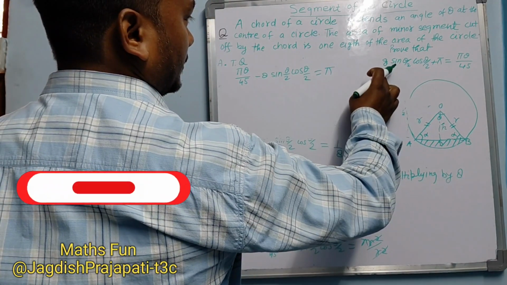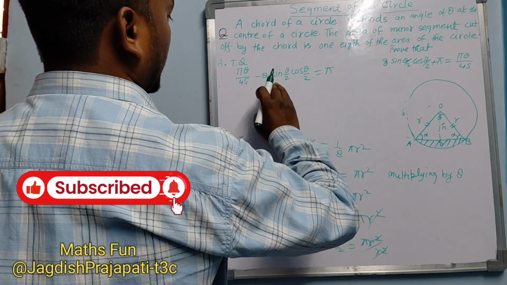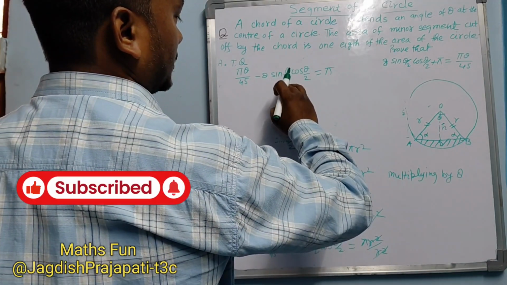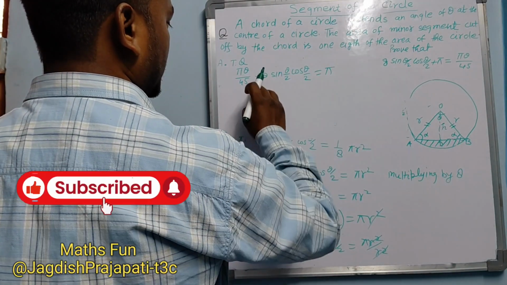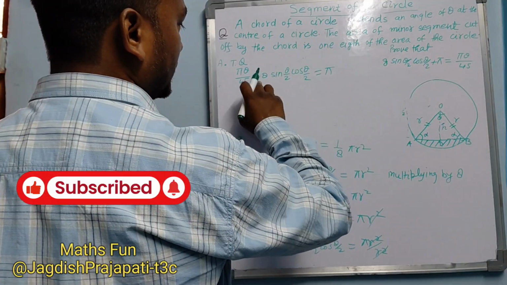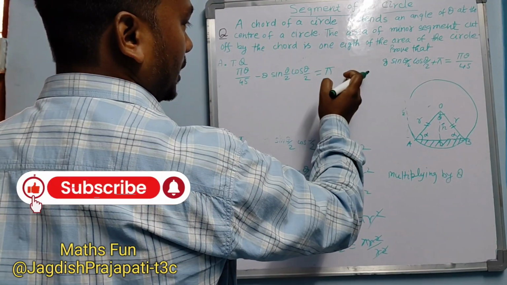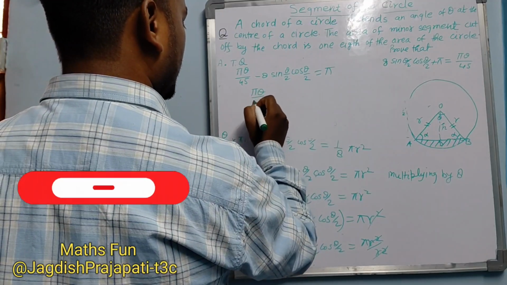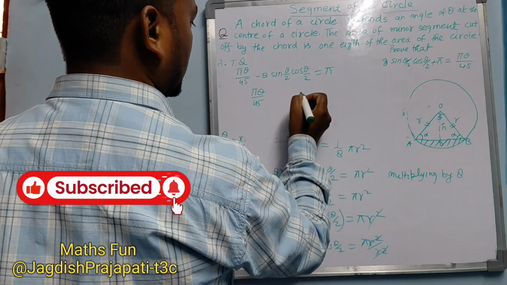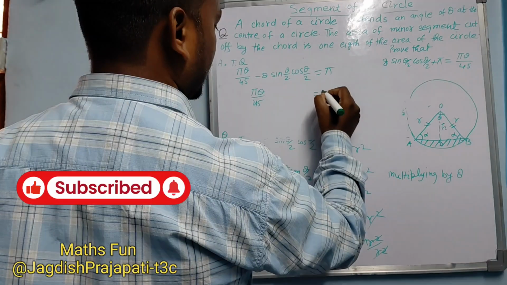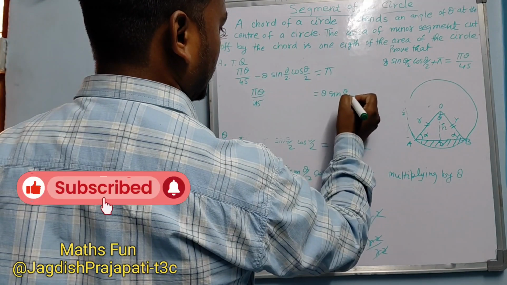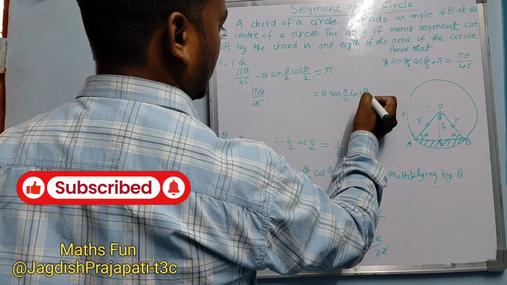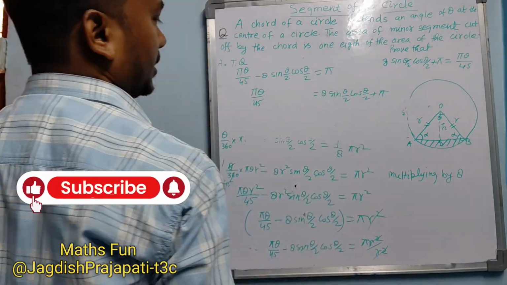Okay, so let us transfer this term to the right side. So the sign will be opposite, since here it is negative, so after transferring it will be positive. So pi theta by 45 will be equal to 8 sin theta by 2 cos theta by 2 plus pi.